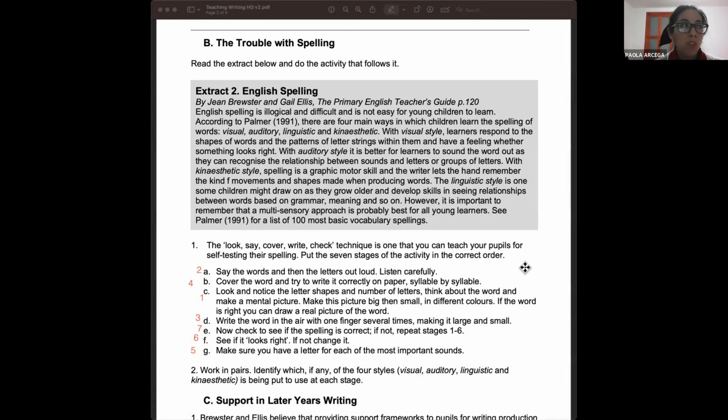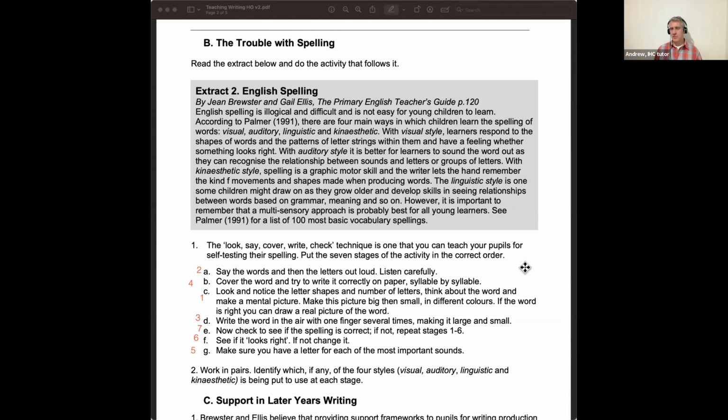Another student says, I just see the word and start to walk around my house. I'm going to the kitchen, I'm going to the bathroom, I'm going to my bed, and all the time I'm just thinking about that word.